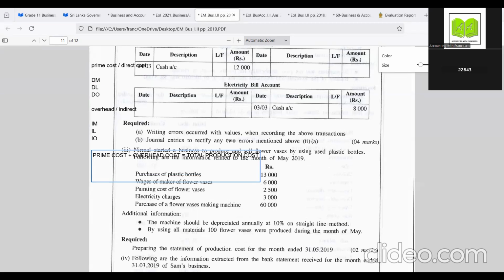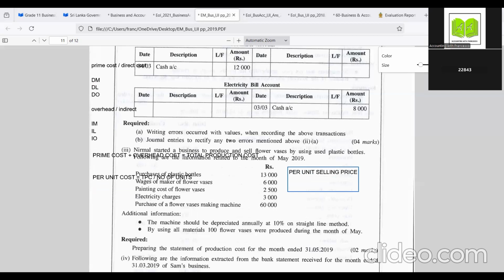Right. Per unit cost means total production cost divided by number of units. I think that equation you also got revised. There is another equation, per unit selling price.